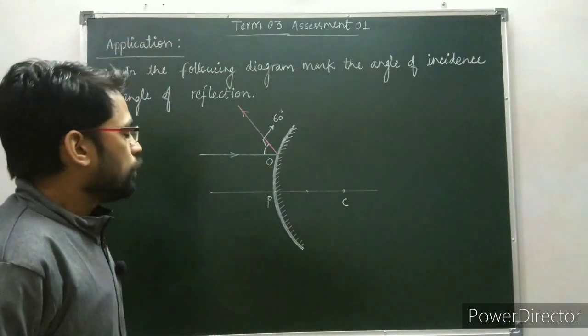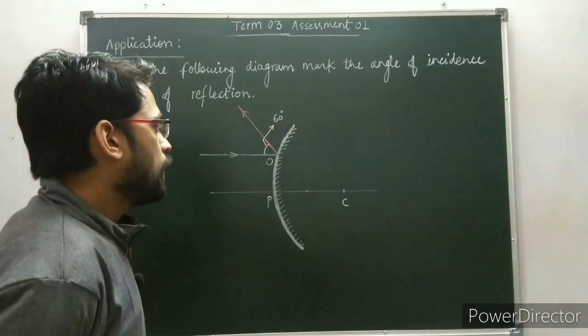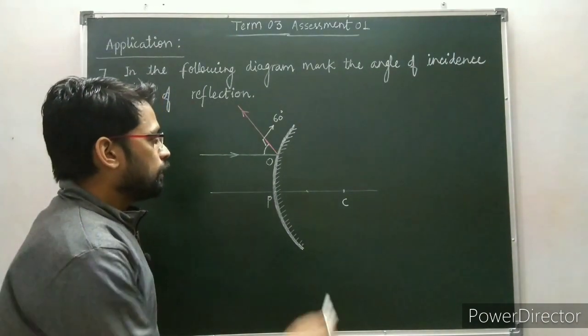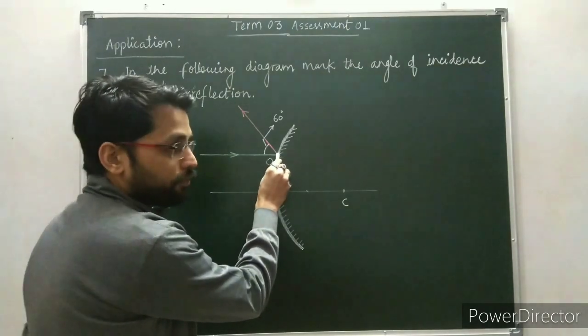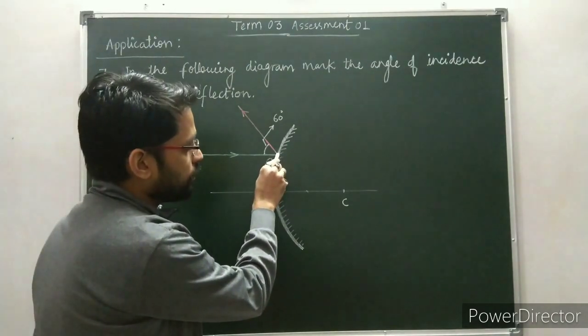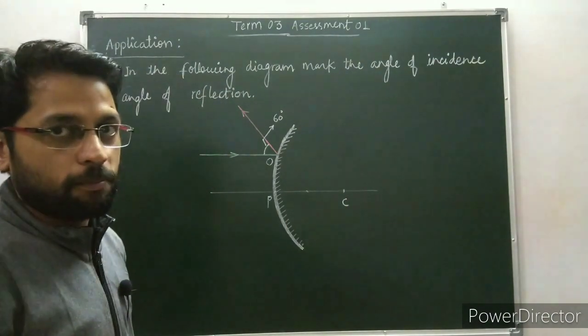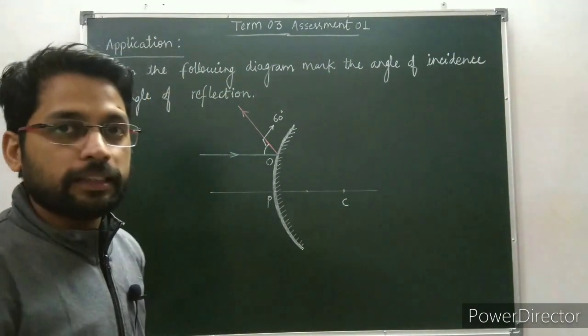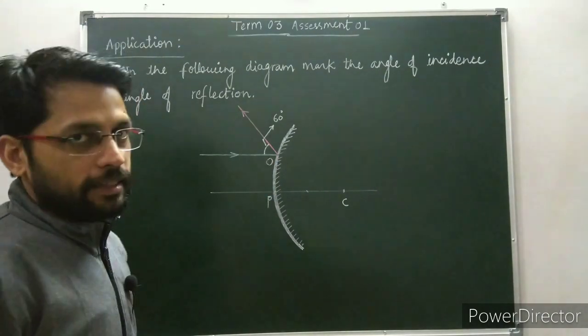Okay. In order to draw normal at point O, I have already told you, just join this point of incidence with the center of curvature of the mirror and produce that line. That line will be the normal at the point of incidence.